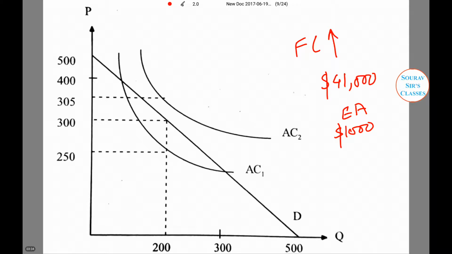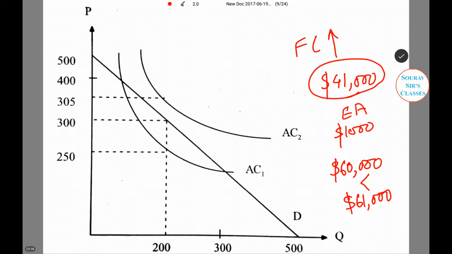The revenue generated, that is $60,000, will now be less than the total cost, which is $61,000. Hence, Elizabeth would shut down as soon as the fixed cost of 41,000 comes into force. From the adjoining diagram, we can see this.